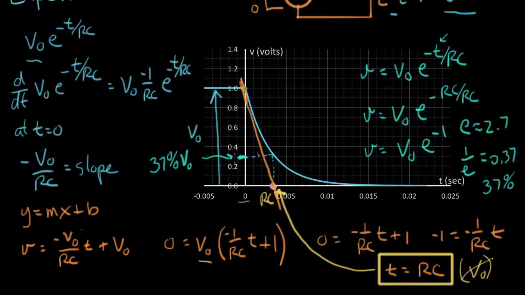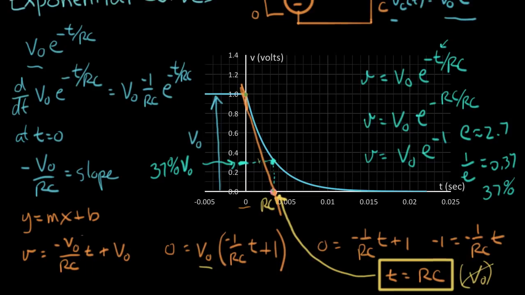That's that value right there. So that's two little things we're going to tuck away in our head. The time for that line to hit the time axis is RC. If I want to know the value of where the exponential actually is at time equals RC, it's roughly 37% of where it started from. Okay, that's the basic idea. And in the next video, I'll show you how to use these ideas to sketch exponentials really quickly.